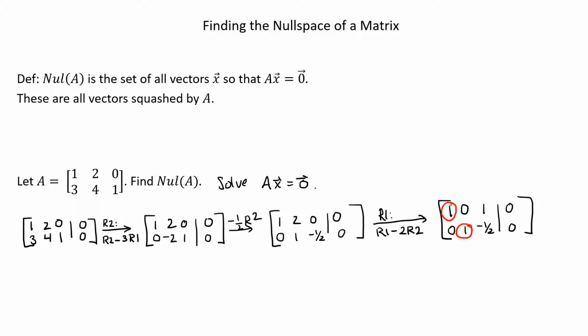Okay, now let's translate this into linear equations. So if our first column represents coefficients for x, our second column represents coefficients for y, and our third column represents coefficients for z, this translates to x plus z equals 0, and y minus 1/2 z equals 0.